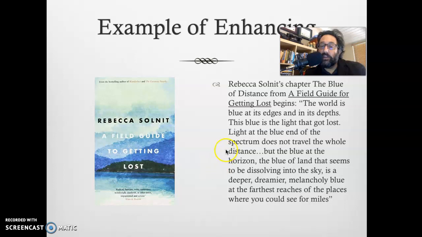And let's look at this example because this is unique, right? This is a distinctly different approach to the same type of technique. In Rebecca Solnit's A Field Guide to Getting Lost, she begins the chapter "The Blue of Distance." The world is blue at its edges and in its depths. This blue is the light that got lost.